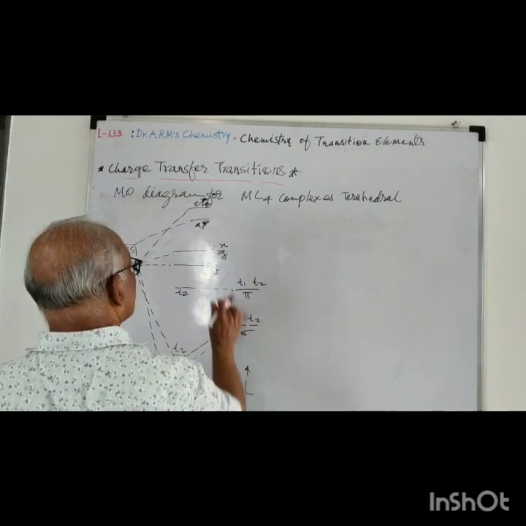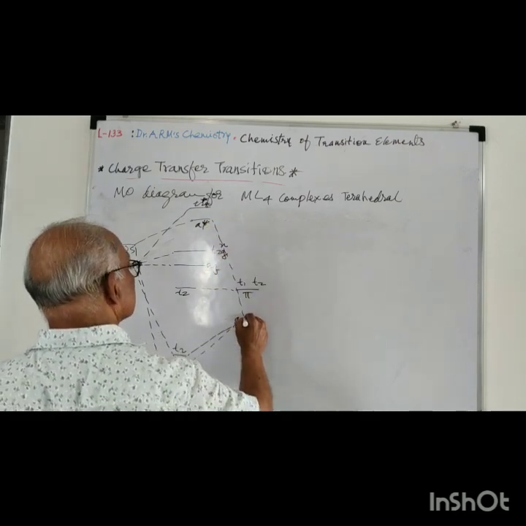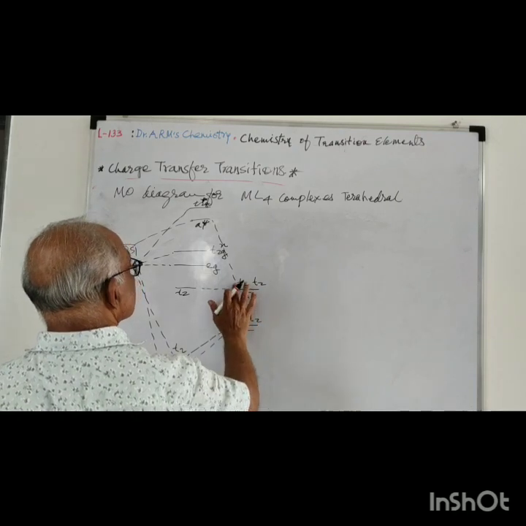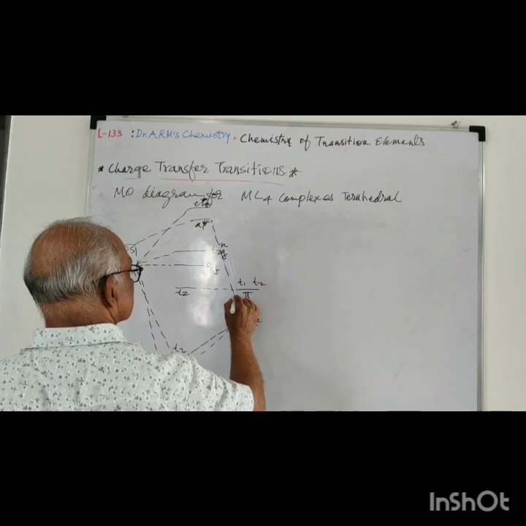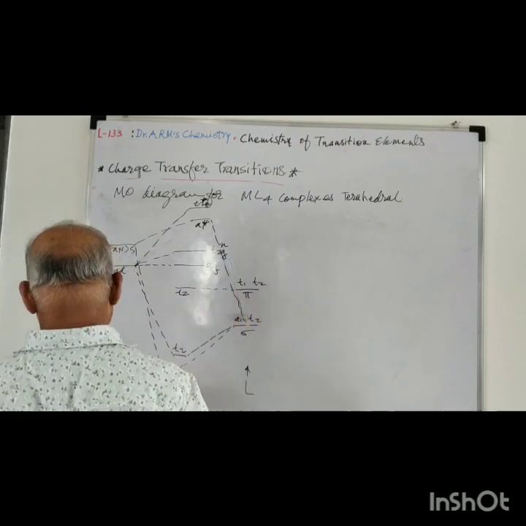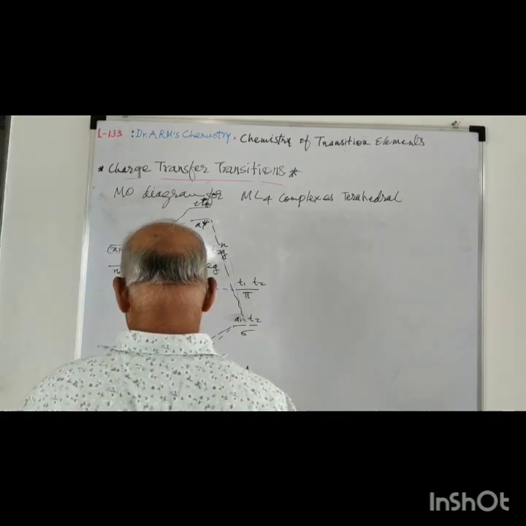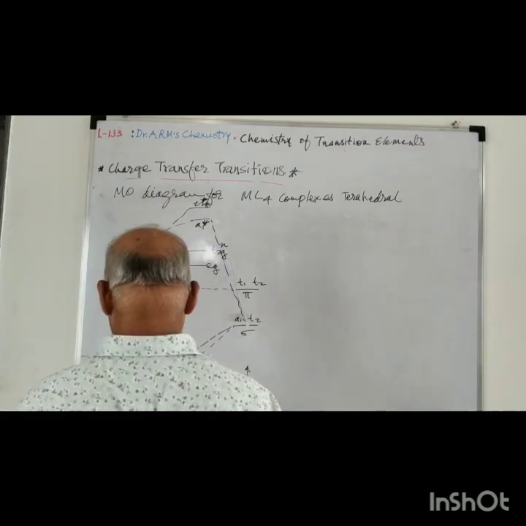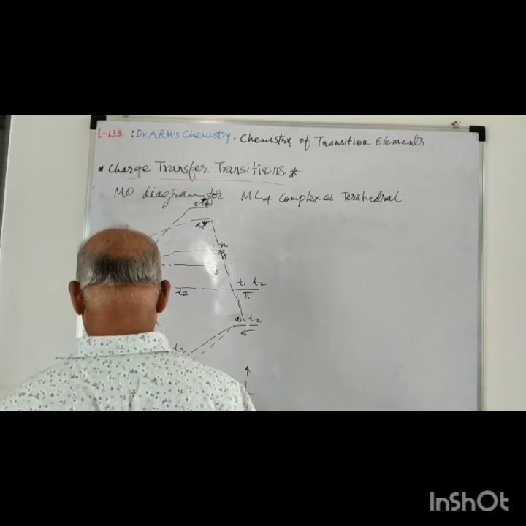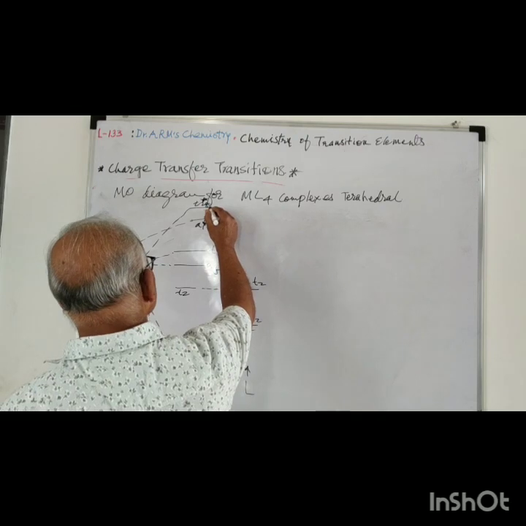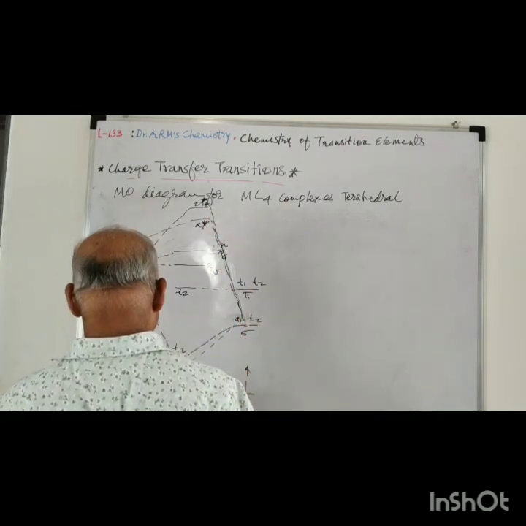So we have these A1 and these A star undergoing combination, like this. Then this T2G, like this.